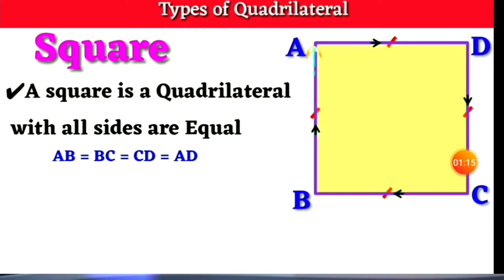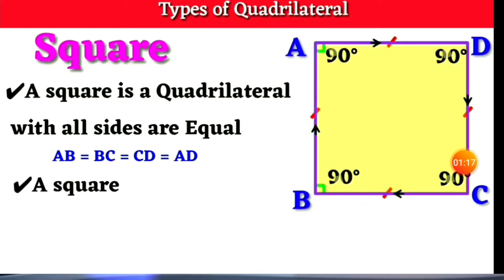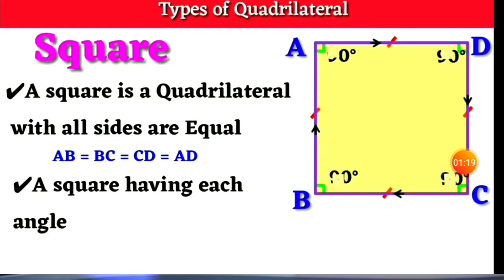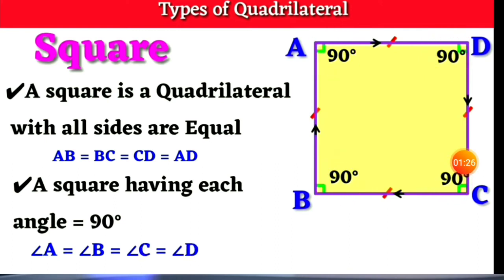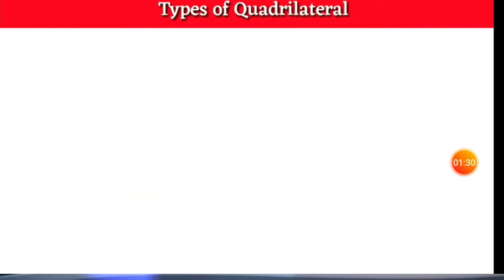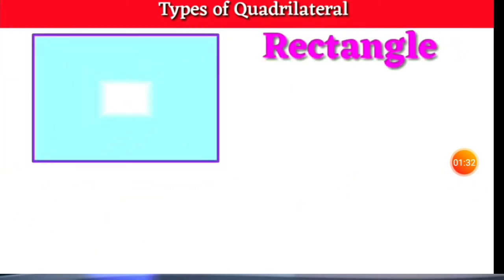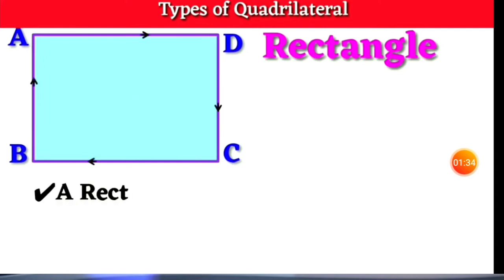And a square is having each angle of 90 degree. All the 4 angles are equal as well as they are of 90 degree. That is, angle A is equal to angle B is equal to angle C is equal to angle D is equal to 90 degree. Third one is rectangle.